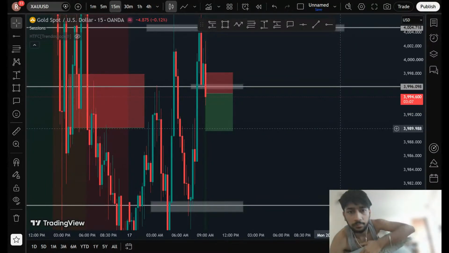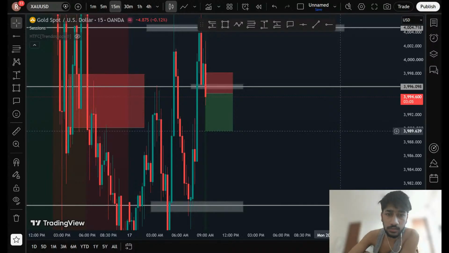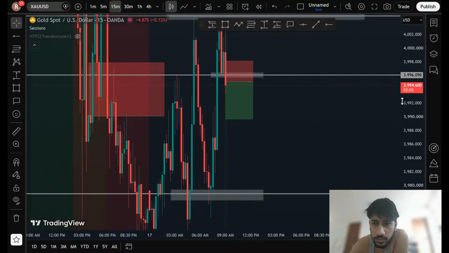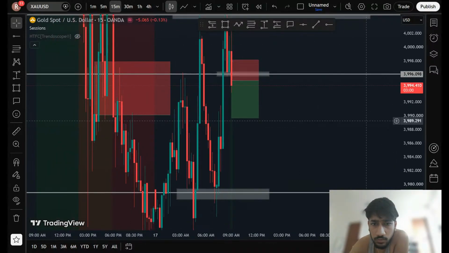The way I'm going to manage the risk on this is, the 15-minute candle closes in 3 minutes.